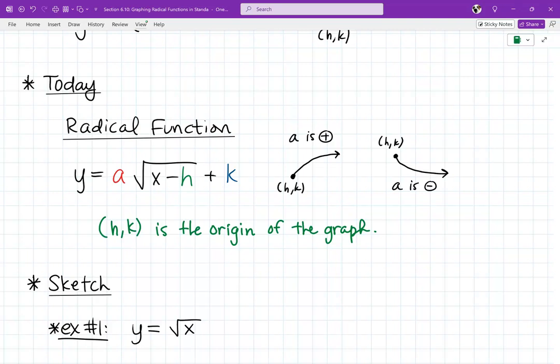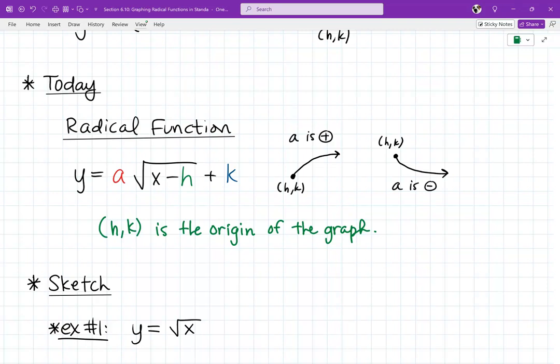If a is positive, it goes upwards and curls. If a is negative, it goes downward and curls. And notice in the little pictures, I put the (h, k) where the dot is. So (h, k) is down here for the first one where a is positive, and towards the top when a is negative.